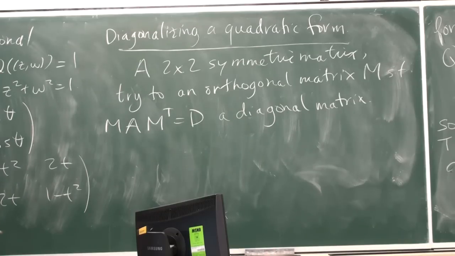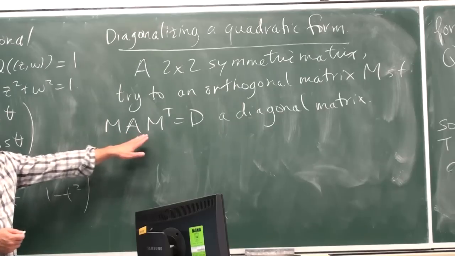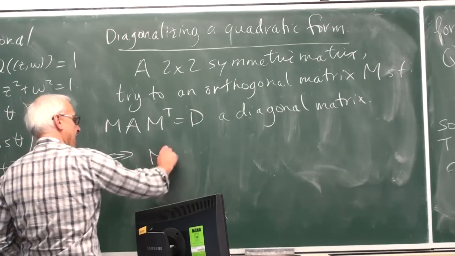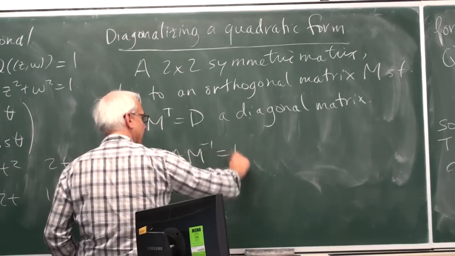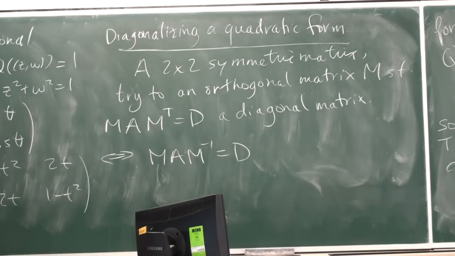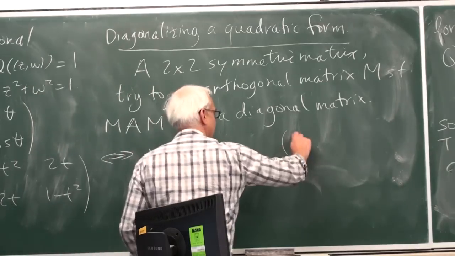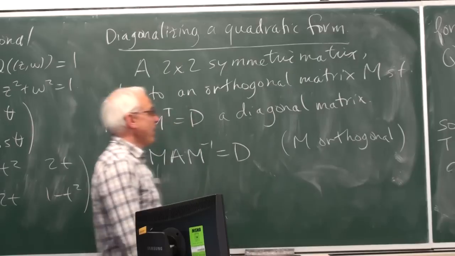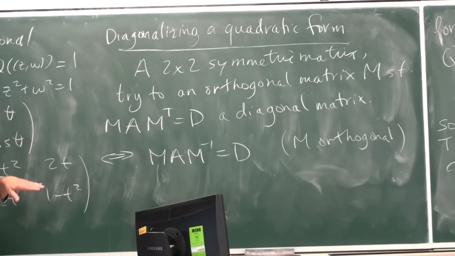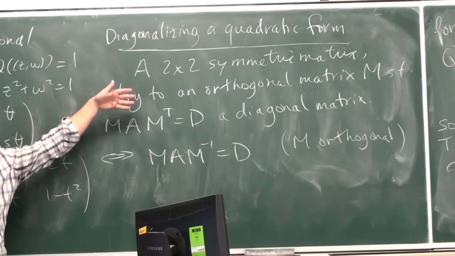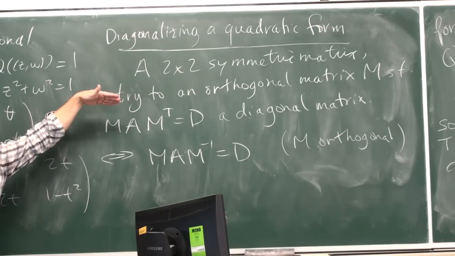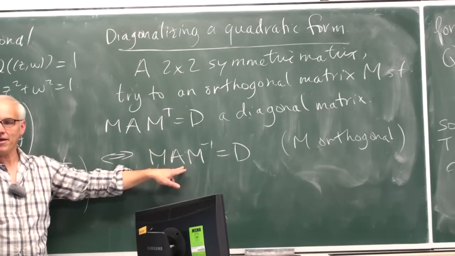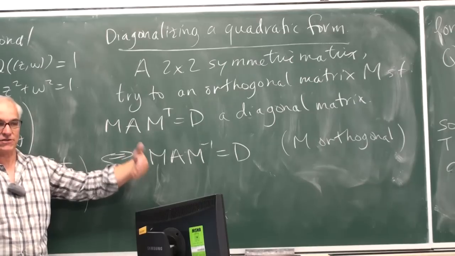Okay, but if M is an orthogonal matrix, this is the same as saying that M A M inverse equals D. And so the problem of diagonalizing a quadratic form with an orthogonal matrix is really the same as diagonalizing the matrix A in the usual linear algebra sense of diagonalization.